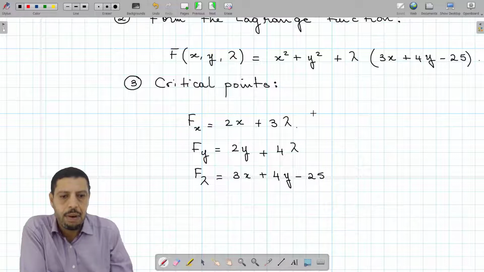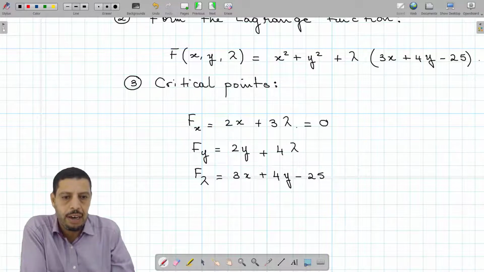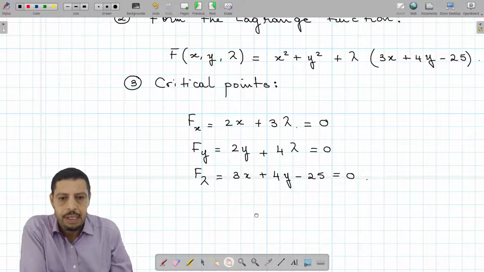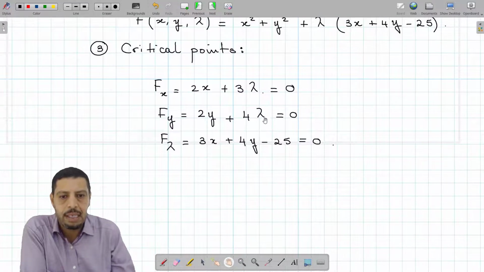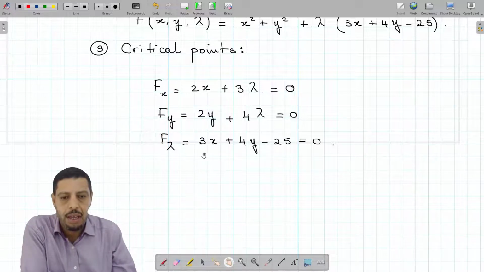Now, to find the critical points, you have to set your partial derivatives equal to 0 and solve the system, okay? We have a system of 3 variables, 3 equations. The best way to solve this system is to express x as a function of lambda, to express y as a function of lambda, and to insert the 2 expressions in the third equation to get an equation with only lambda inside.